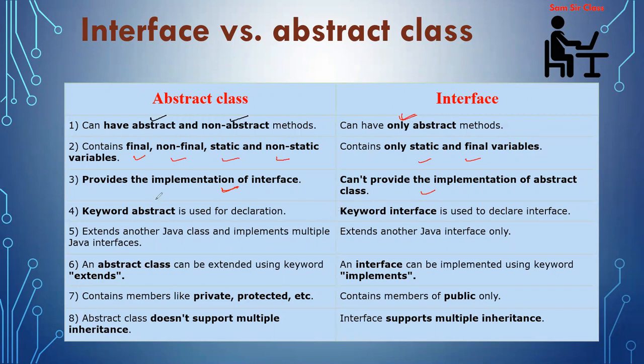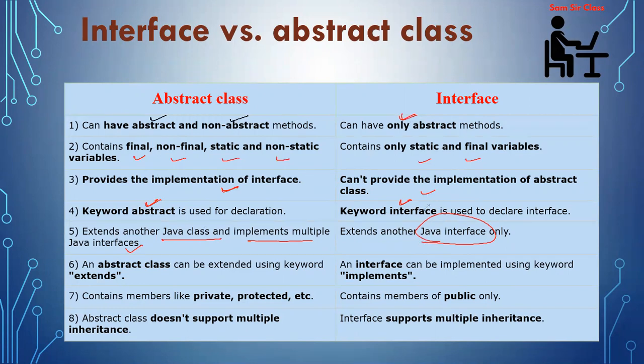Okay. For abstract class, the keyword abstract is used. Very simple. For interface, obviously the keyword interface is used. Now, abstract class can extend another Java class and implement multiple Java interfaces. Interface extends another Java interface only. It cannot inherit a class because we have discussed why it cannot.